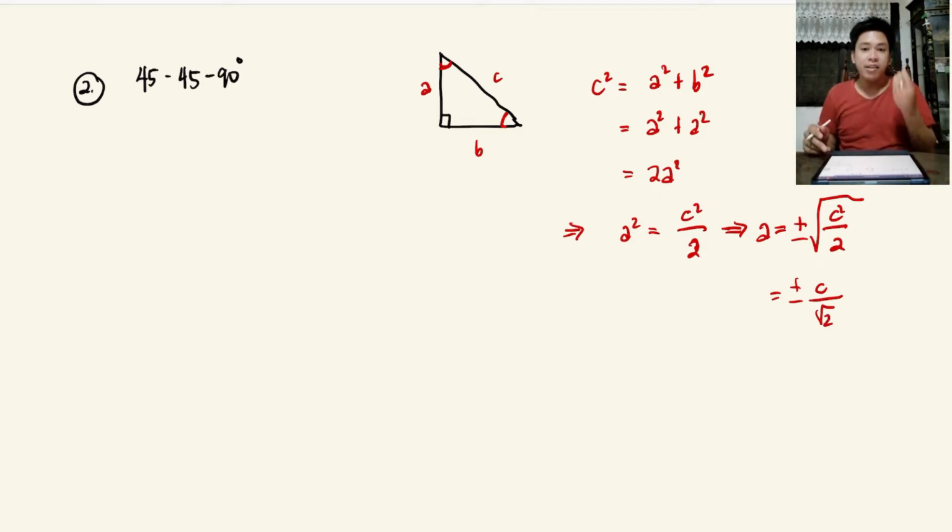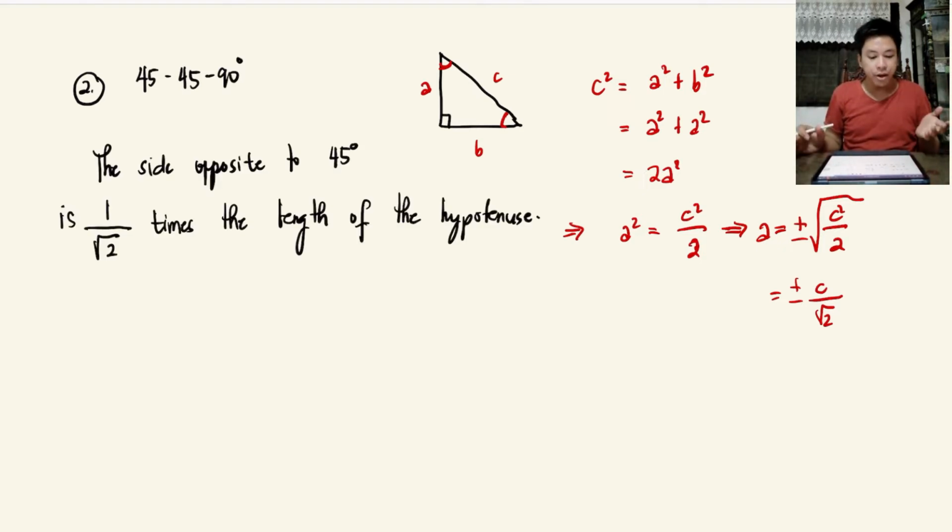Since we're taking the measure of the length of a triangle side, we ignore the negative value and focus only on the positive value. So what is the implication here? If you are given C, the value of the hypotenuse, you can just divide it by square root of 2, and that's the value of the legs of the triangle.